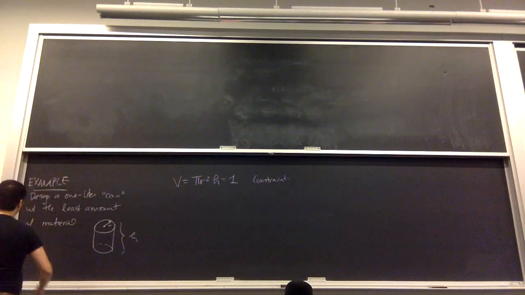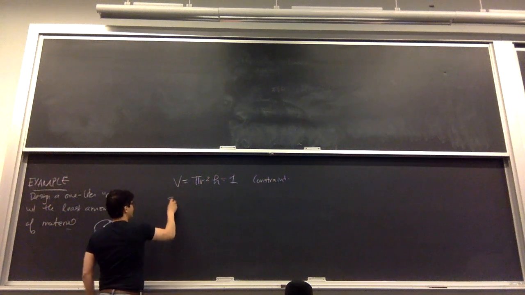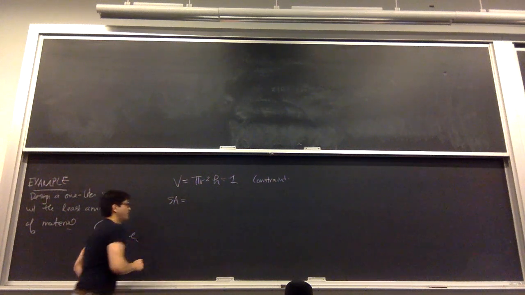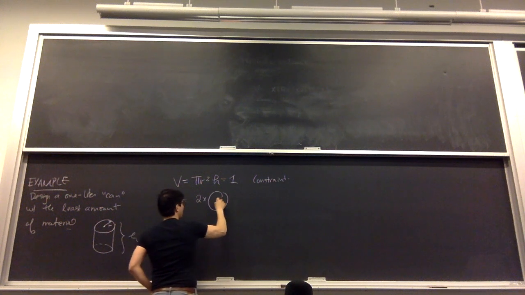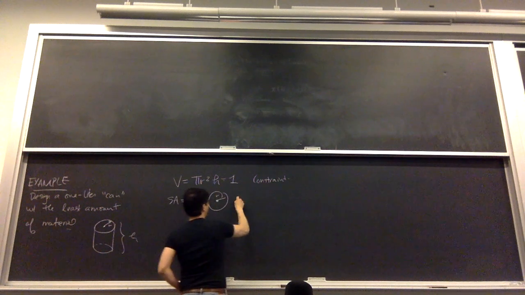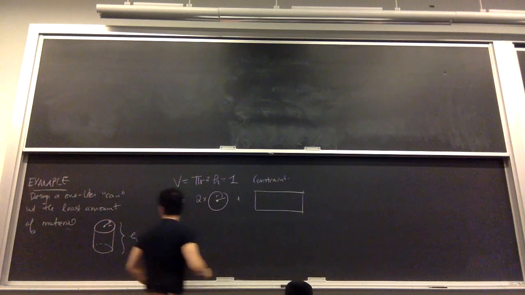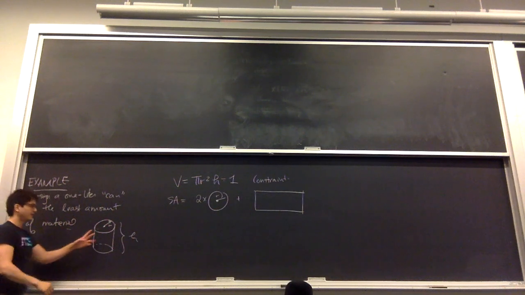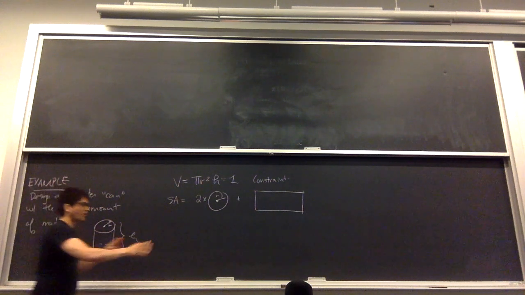Surface area, right? We need the least material. Material basically means surface area in this instance. So the surface area is going to be 2 circles of radius r plus a sheet with what dimensions? Imagine you take this cylinder, make a cut and unroll it.